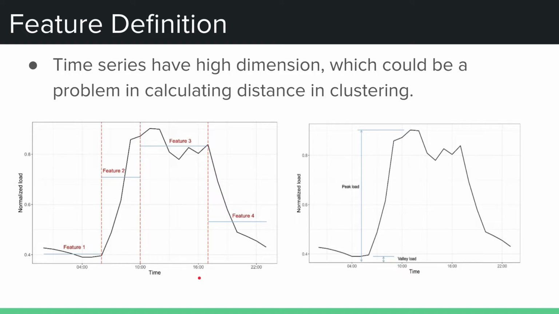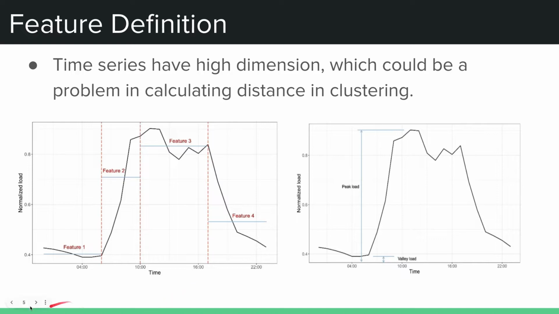So like I told you earlier, they defined 5 statistical features inside this daily electricity load profile. This daily electricity load profile is the electricity usage over 24 hours. So what they did is they divided this 24 hours into 4 segments.